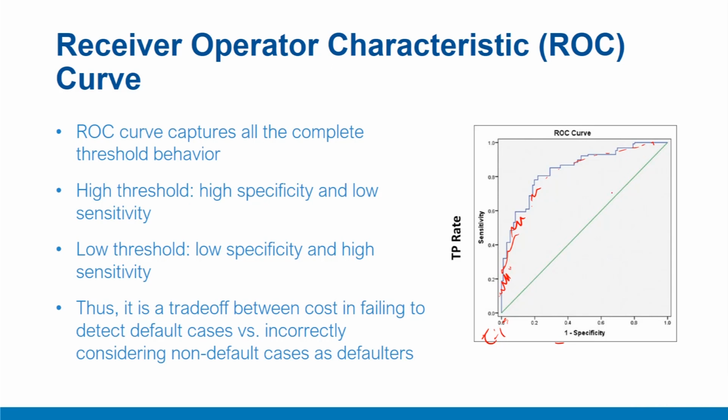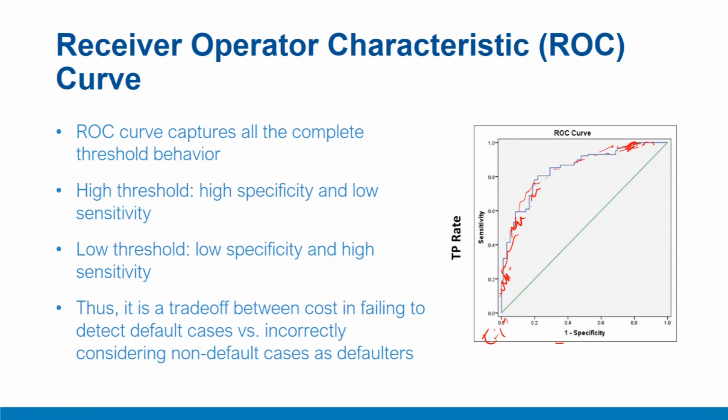At the same time, if you have a very low threshold value, the point is somewhere here, that means low specificity but high sensitivity. So there's a trade-off between the cost of failing to detect cases versus incorrectly considering non-default cases as defaulters. Depending upon the threshold value, there is always a trade-off, and this trade-off is very nicely captured by this ROC curve.